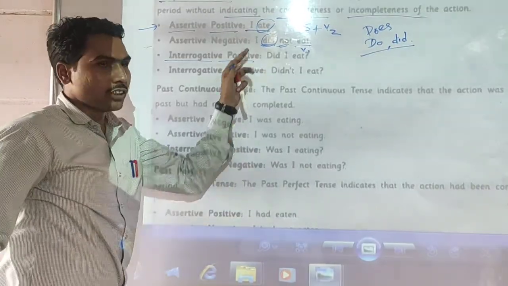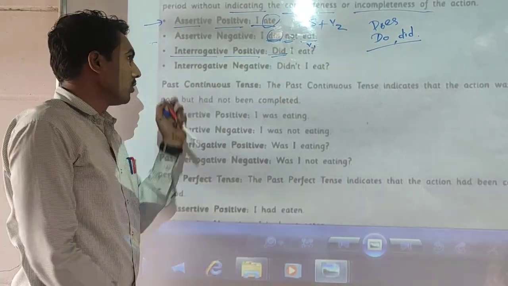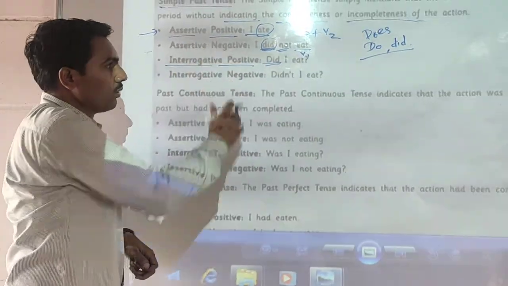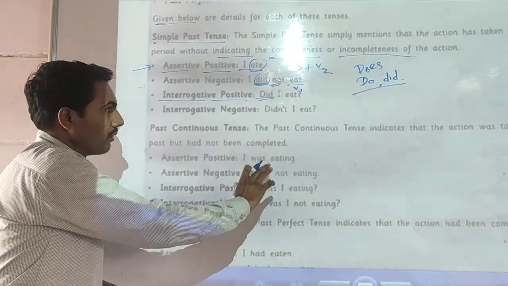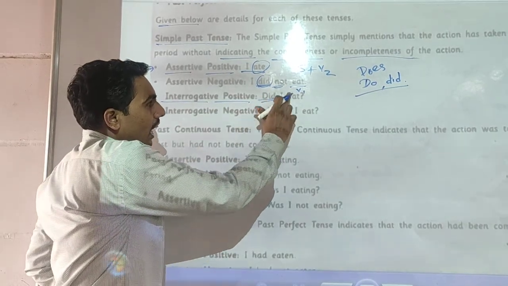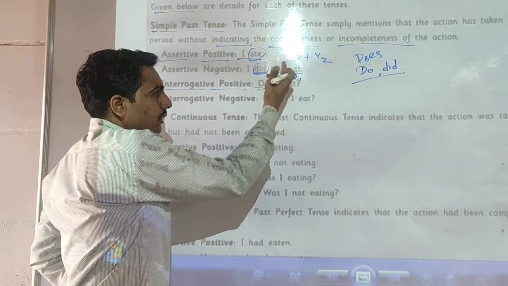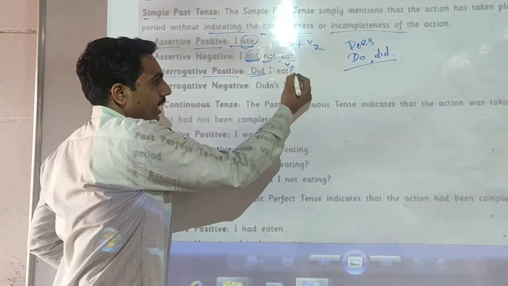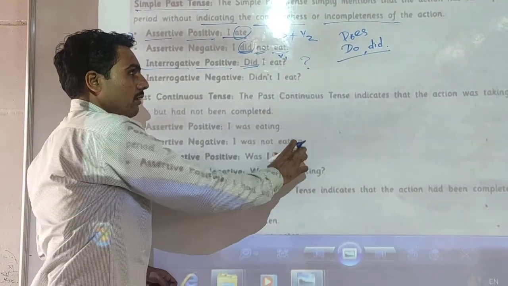This is the past tense, so we use did at the start, because we want to ask an interrogative question, or we want to prepare interrogative positive, so we don't use any negative word, okay. Did I eat? Here we use did, then subject, and then the remaining word, that is verb. After that at the end we use one mark, that is question mark.